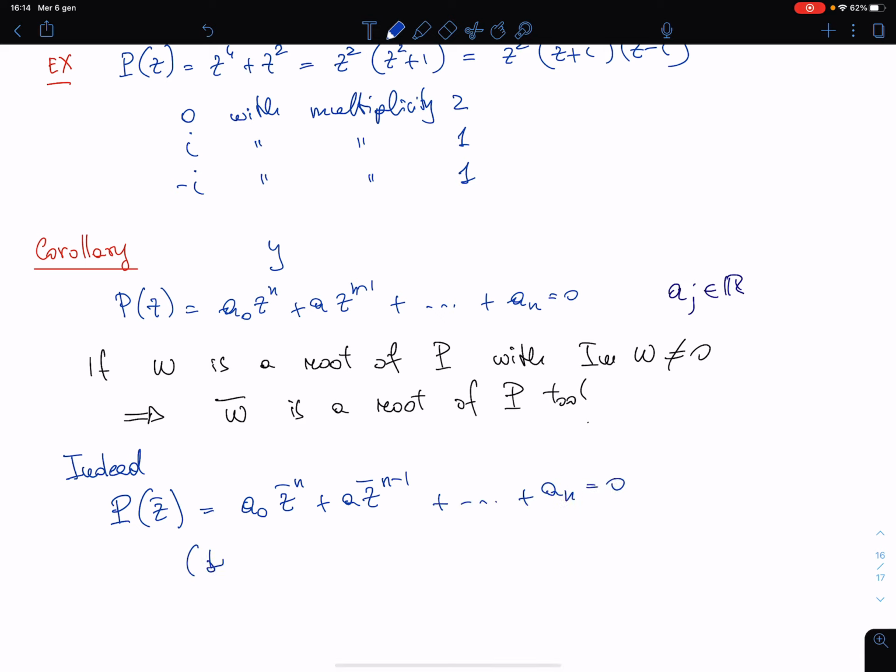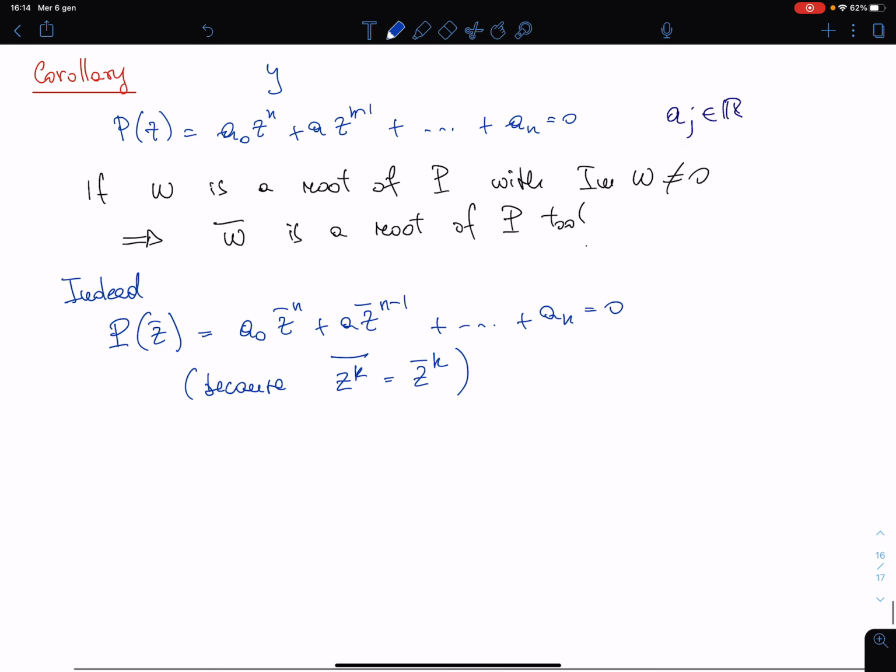This is why, because zeta to the k complex conjugate is rho to the k e to the minus i k theta, and this is equal to rho to the k e to the i theta, conjugated, to the power k.